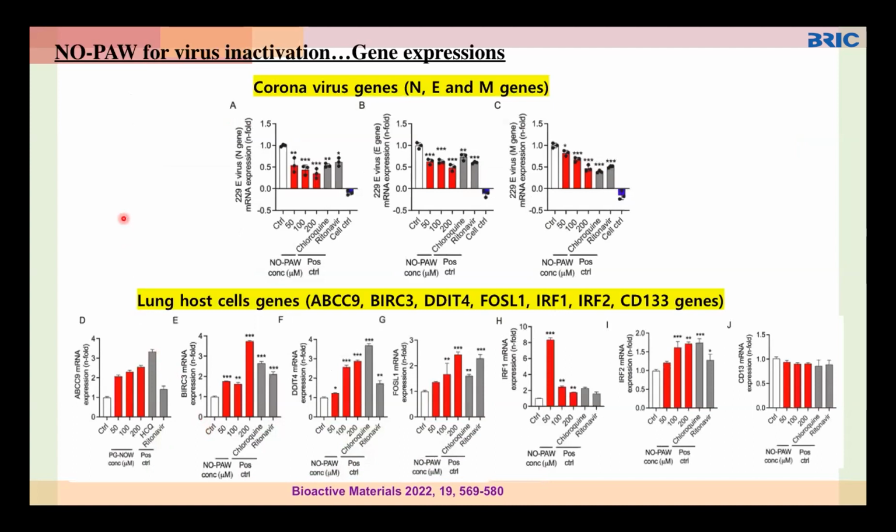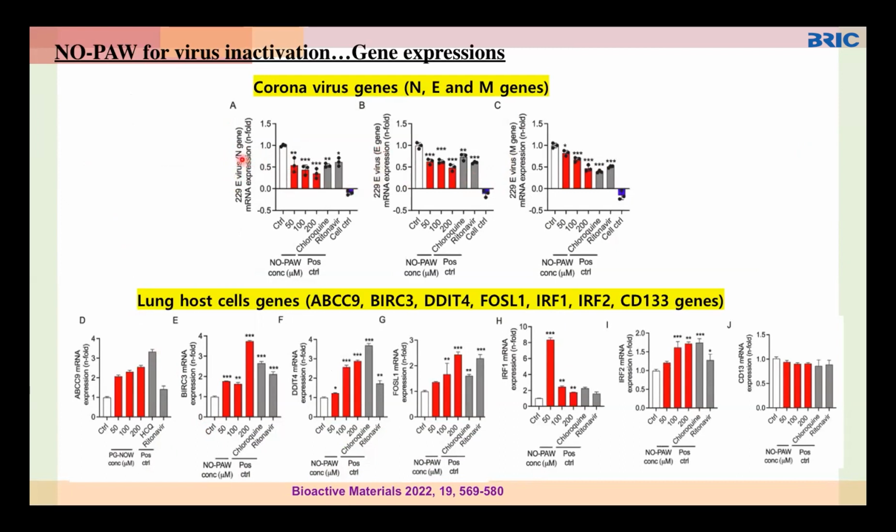We checked not only the therapeutic value, we also checked the gene expression in infected human host cells after treatment by nitric oxide plasma activated water. In this case, we specifically checked two sets. One set is for viral genes, viral loads, such as the N gene, the virus E gene, and the virus-related M gene. So three genes we checked.